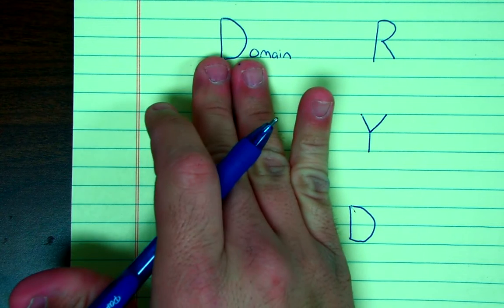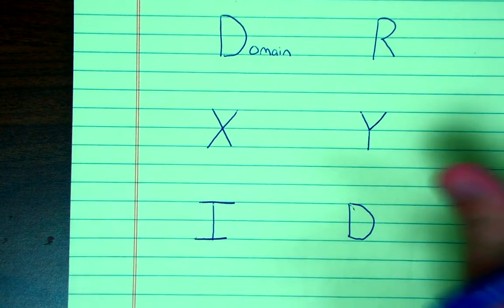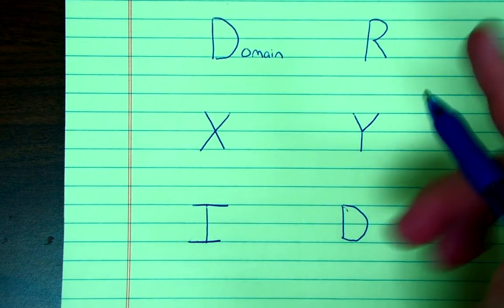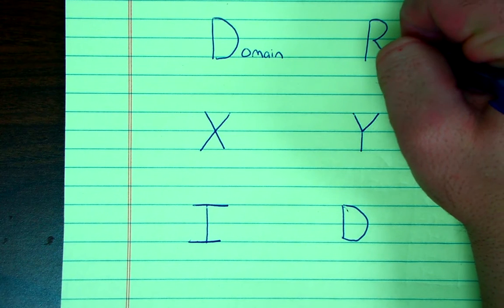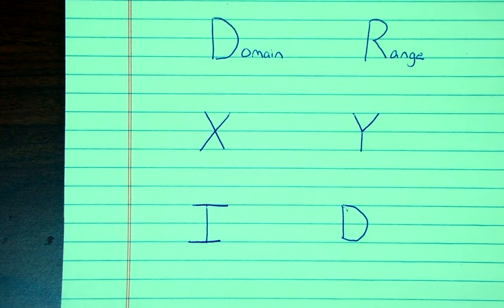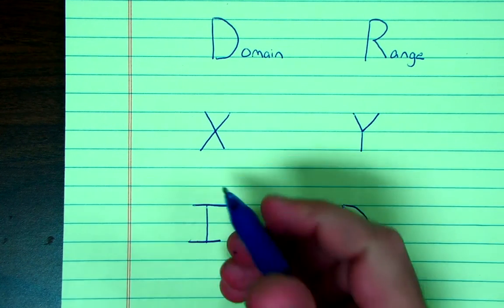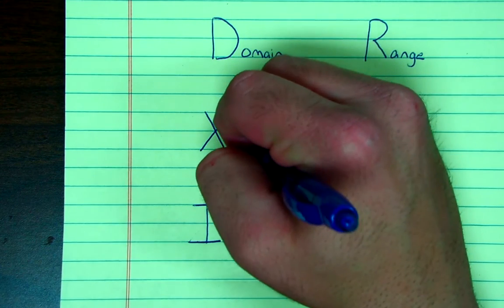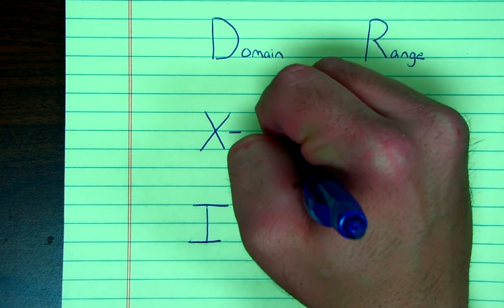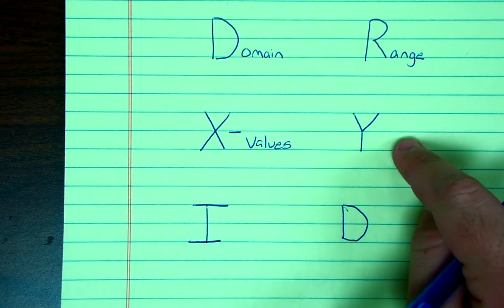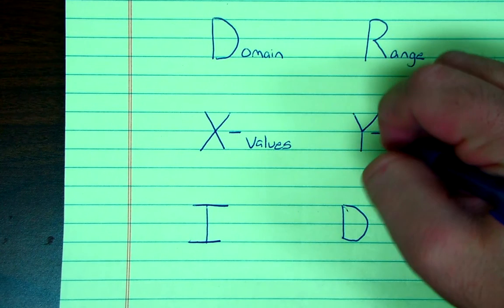You will not really need that here in 6th grade, but you will with 7th and 8th grade. Your R stands for your range. The X stands for your X values. The Y is your Y values.